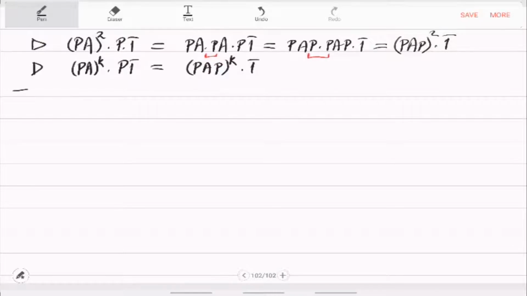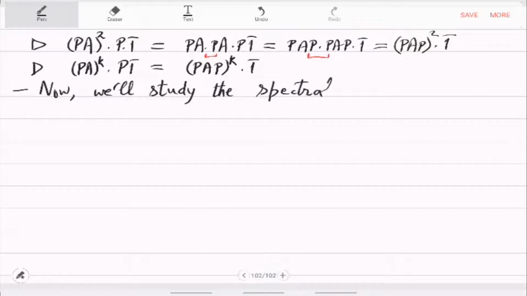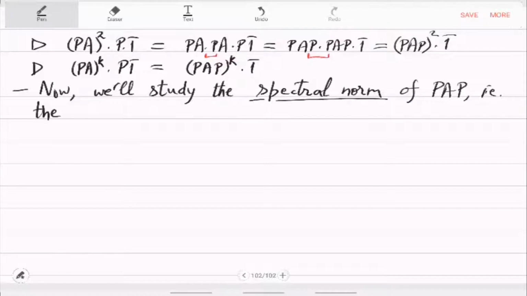So hence now we'll study the spectral norm of this matrix, that is the factor by which it shrinks a vector.